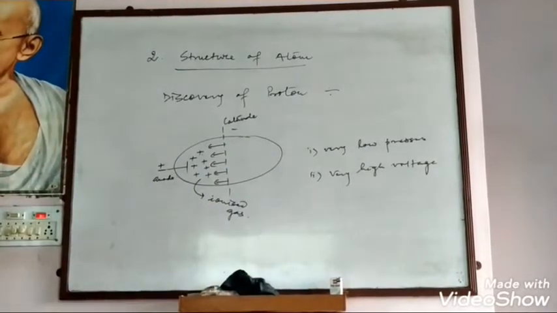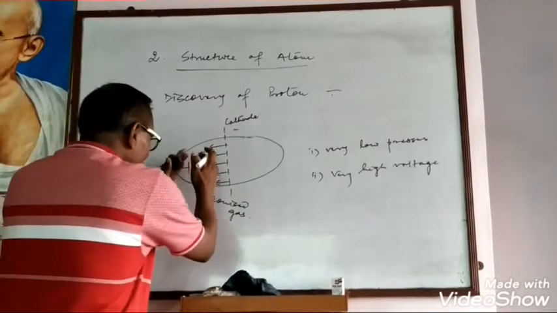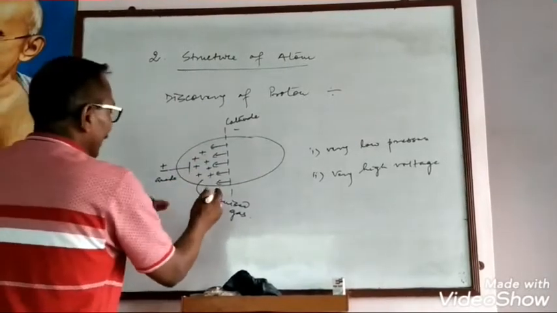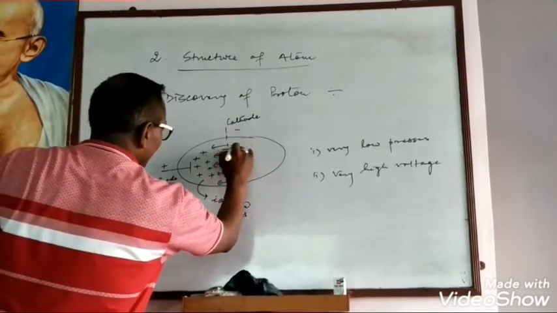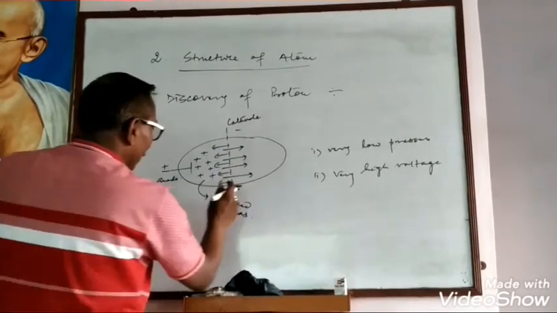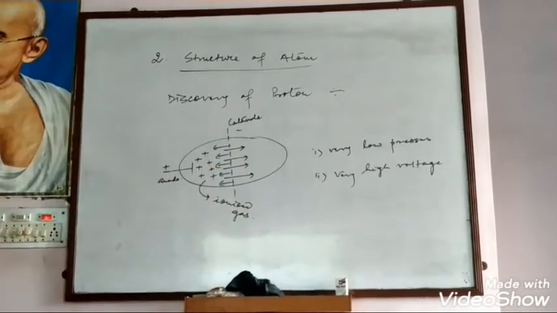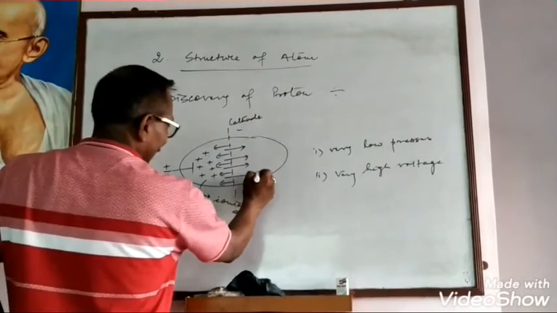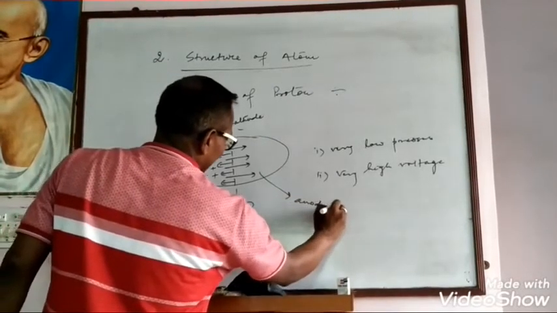Now, this ionized gas or positively charged ion, they get attracted towards the cathode, and this is just flowing from anode to cathode like this, and finally it is named anode rays.